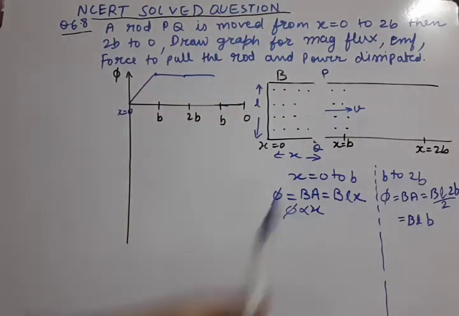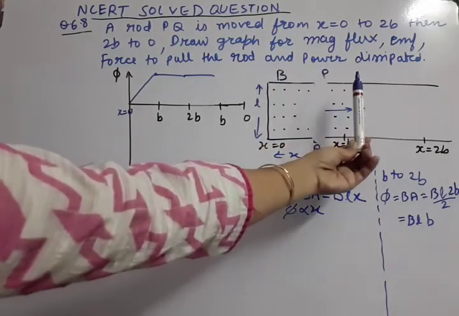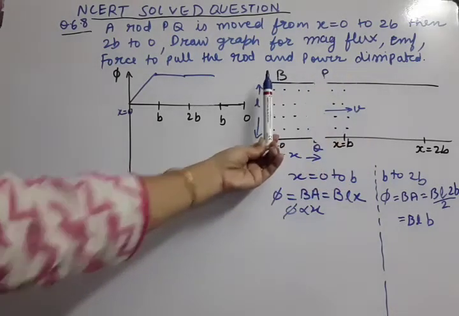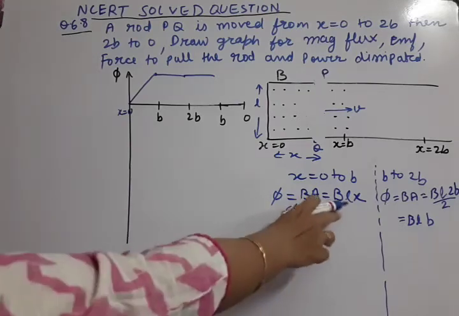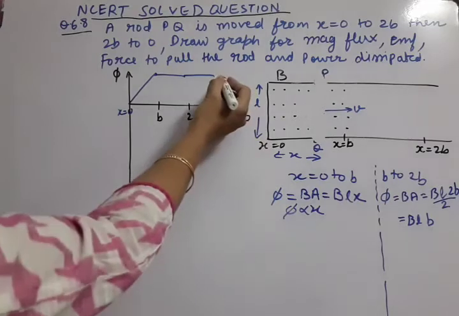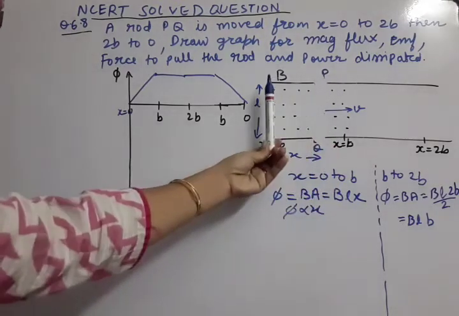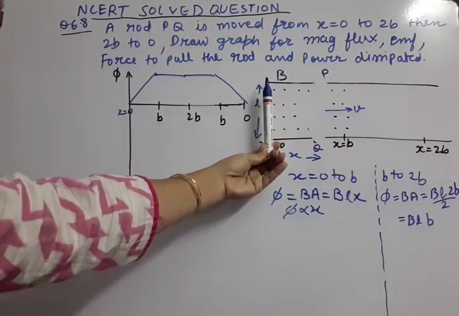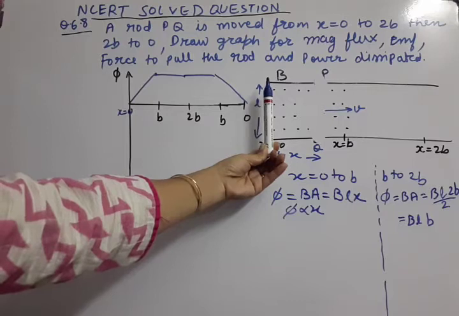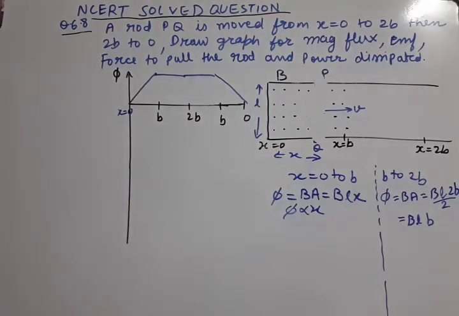Then when the rod has reached here and is coming back to 0, you can see the flux is decreasing. BLx flux will be there, but x is decreasing, so phi is also decreasing. That's why the graph will come down to 0. By the time the rod reaches back to 0, the flux linked with the closed area becomes 0. So this is the graph for the flux.